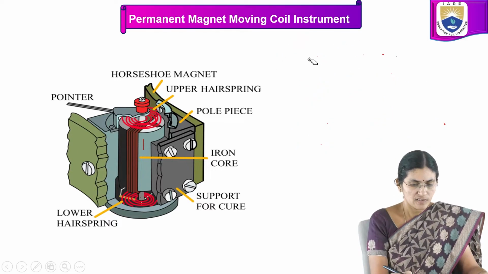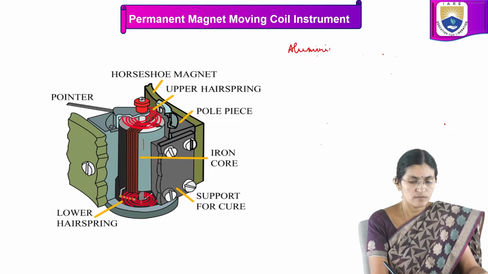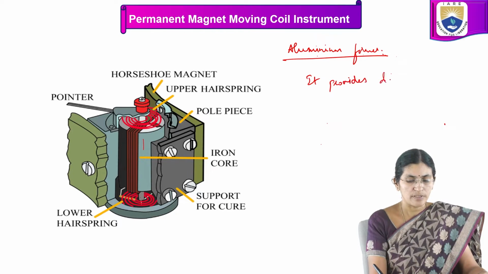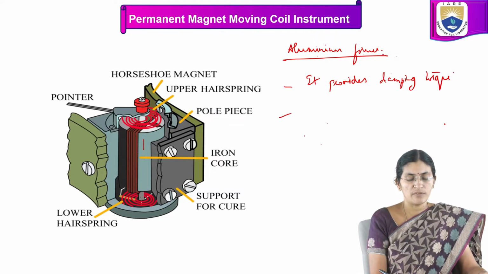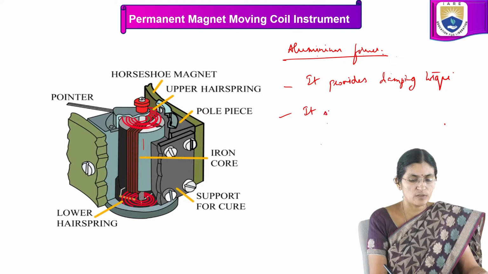Next we have aluminium former. Aluminium former provides damping torque, and the other function of aluminium former is that it supports the coil.